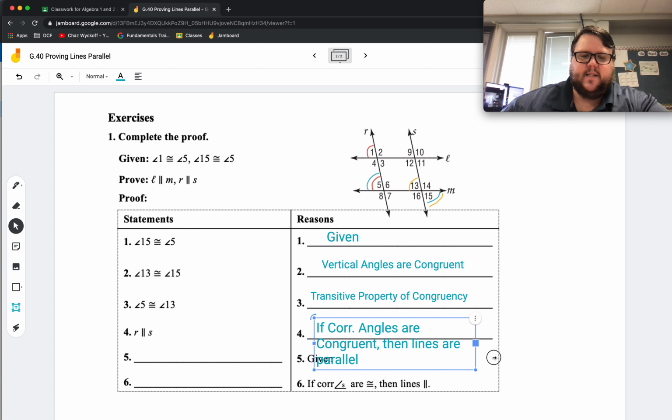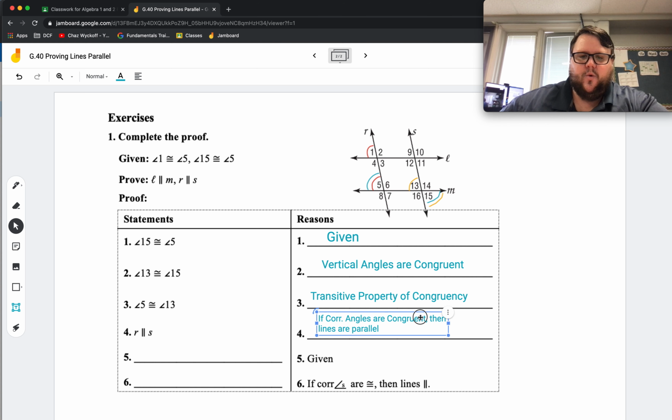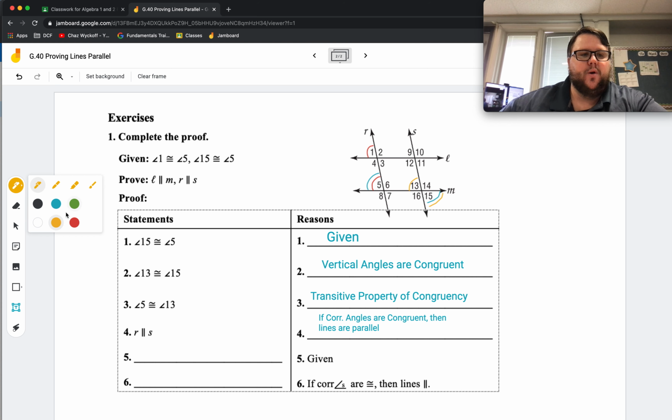If you notice, writing it is a little bit different than the way they have it, but if corresponding angles are congruent, then lines are parallel. So we proved one of the things. We can put a little check mark that we proved R is parallel to S.